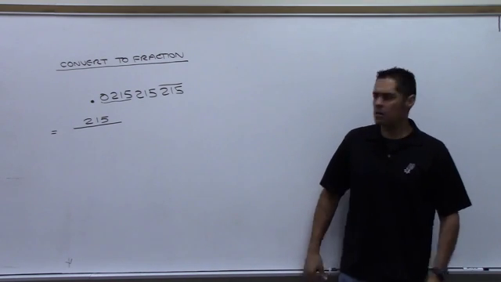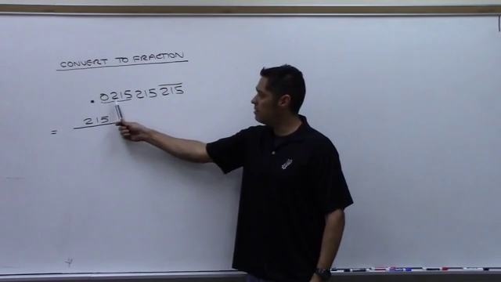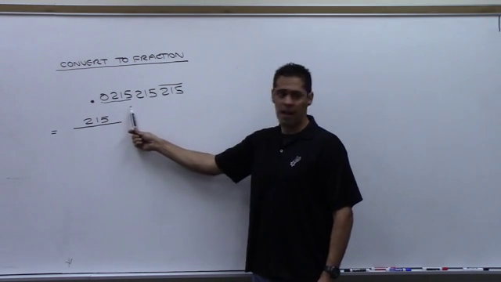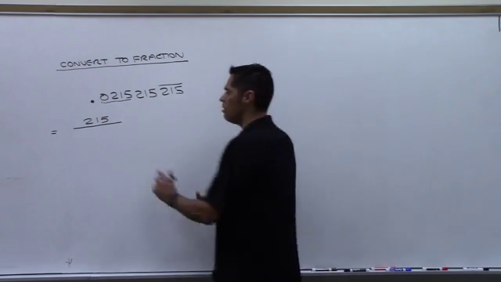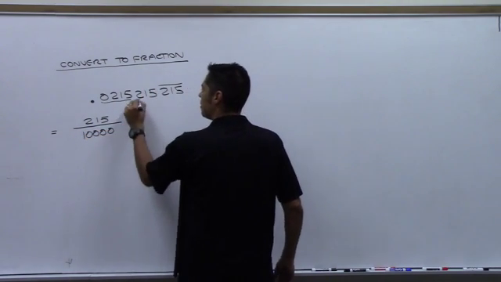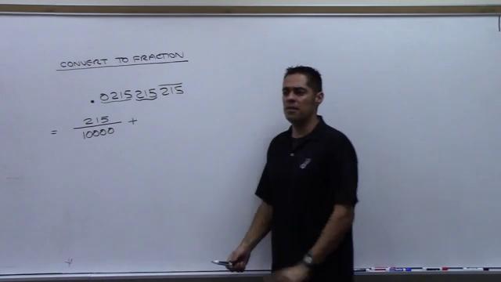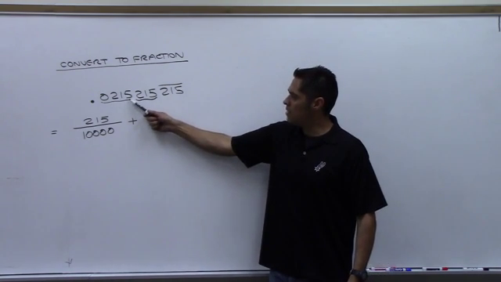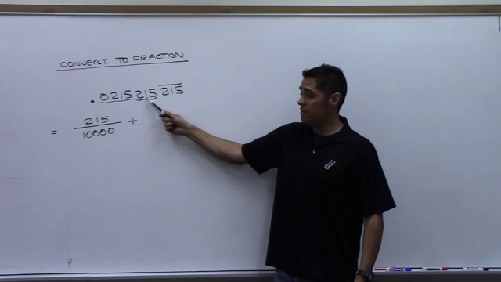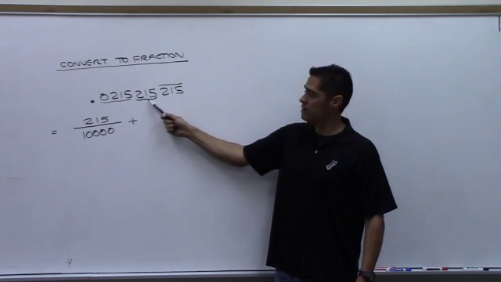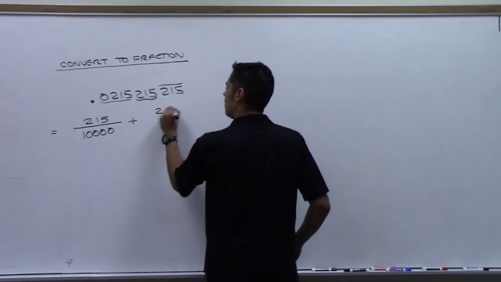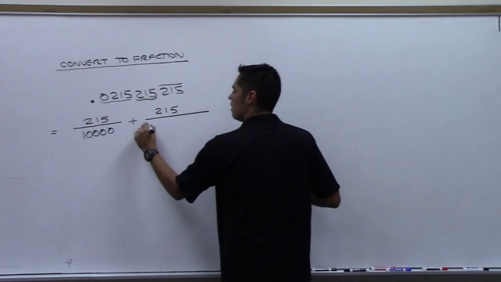Thousands. You're getting tenths, hundredths, thousandths, ten-thousandths. So 215 ten-thousandths, plus this next one would be 215 hundred-thousandths, millionths, ten-millionths. These are place values.